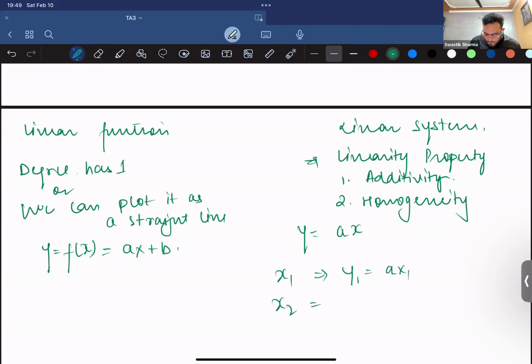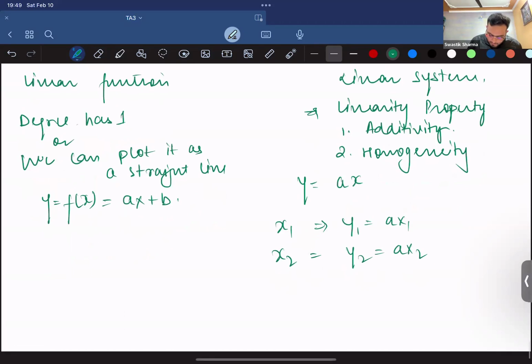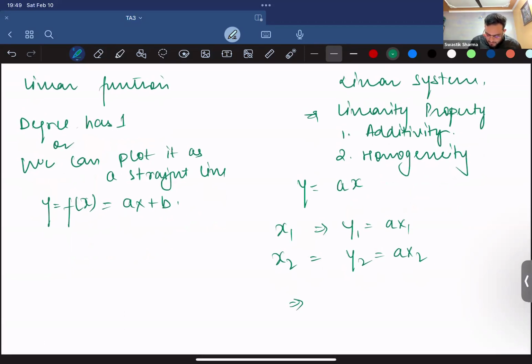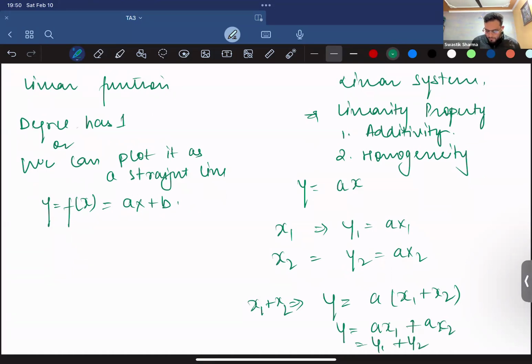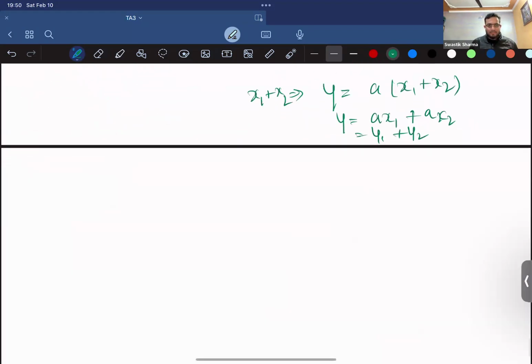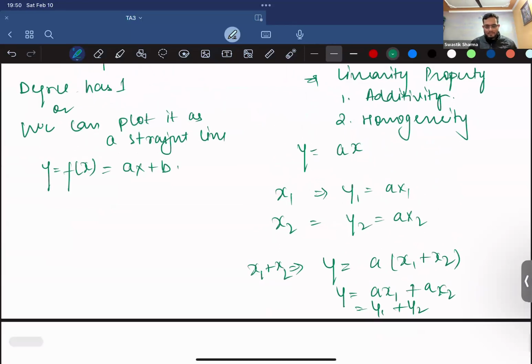If we give x2 as input, we get output y2, which is ax2. If I give the sum of these inputs, that is, if my input is x1 plus x2, what will y become? y will become a of (x1 plus x2), which is ax1 plus ax2, which is y1 plus y2. So this is the property of additivity: the sum of inputs gives us the sum of outputs. What is homogeneity?